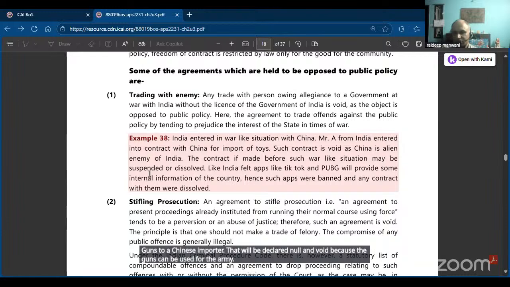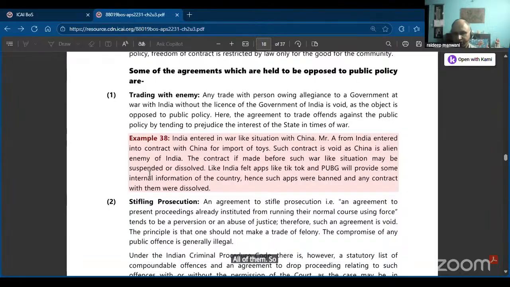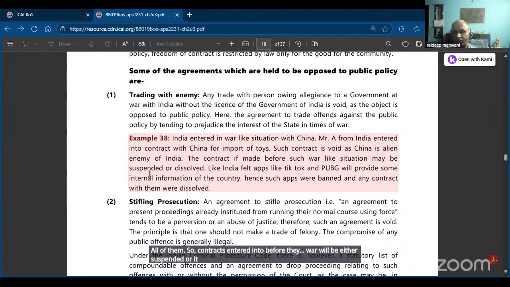But let's say Sana has agreed to supply cotton to some Chinese importer. The agreement will be suspended till such time as the war is over. So contracts entered into before the war will be either suspended or declared null and void. But once the war is declared, all contracts are null and void.